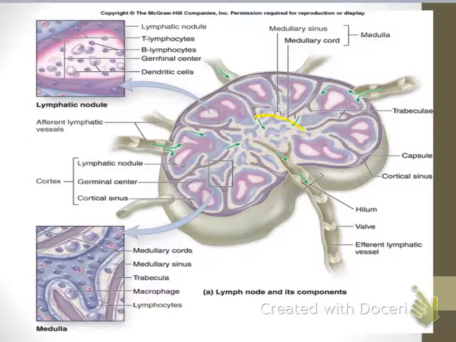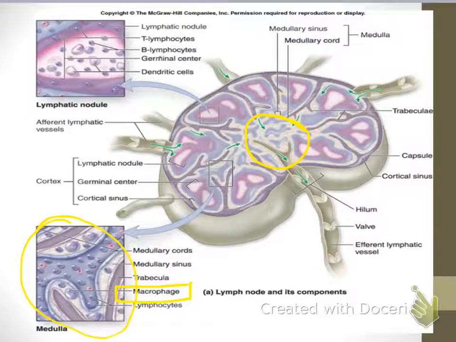The inner portion, which is right here, I'm doing in yellow, is called the medulla. So this is the medulla right here, okay? Inside of the medulla, or the inner portion, we have macrophages. And macrophages are non-specific cells whose whole job is to go over and engulf and eat and chew up and spit out basically bad cells.